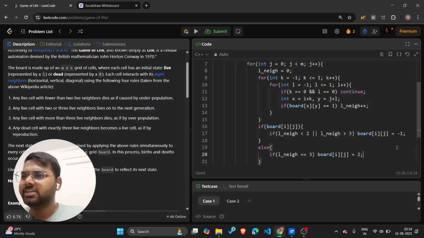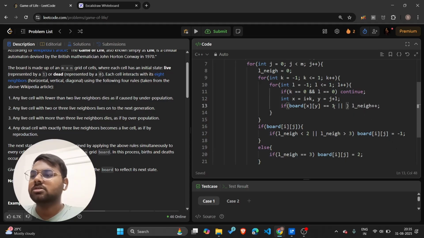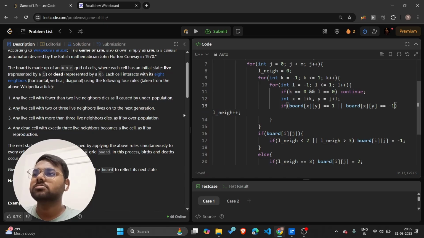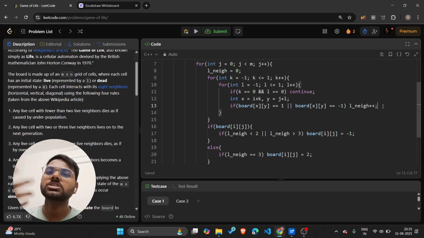Because it's initially dead, we make it alive, like a reward. And here, if board x y is equal to -1, that means it was alive, but it's now dead. But as for our calculation of the living neighbors, we need to count it because that process is going to be simultaneous.